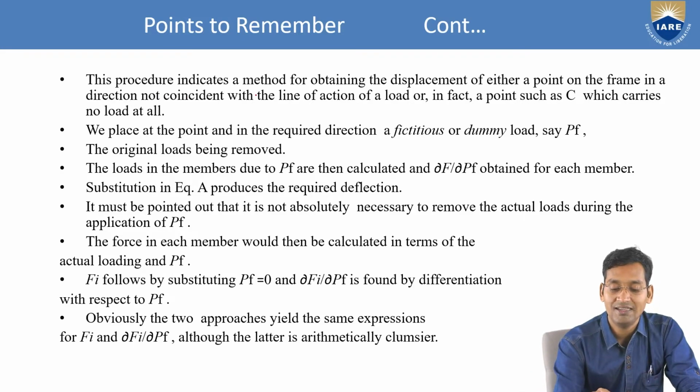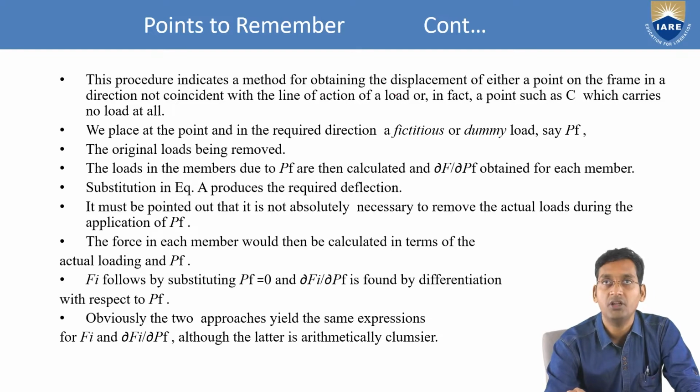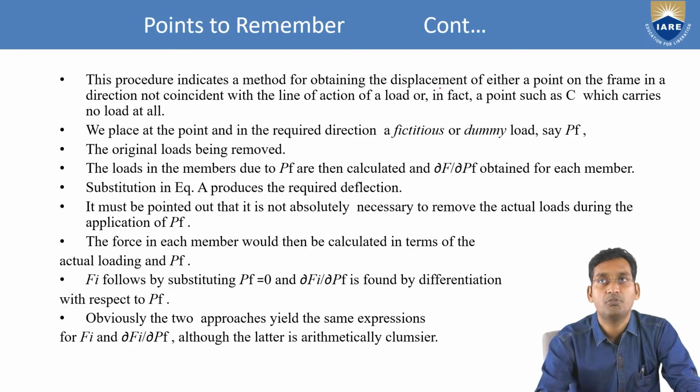So this procedure indicates a method for obtaining the displacement of either a point on the frame in a direction not coincident with the line of action of a load, or in fact a point such as C which carries no load at all.